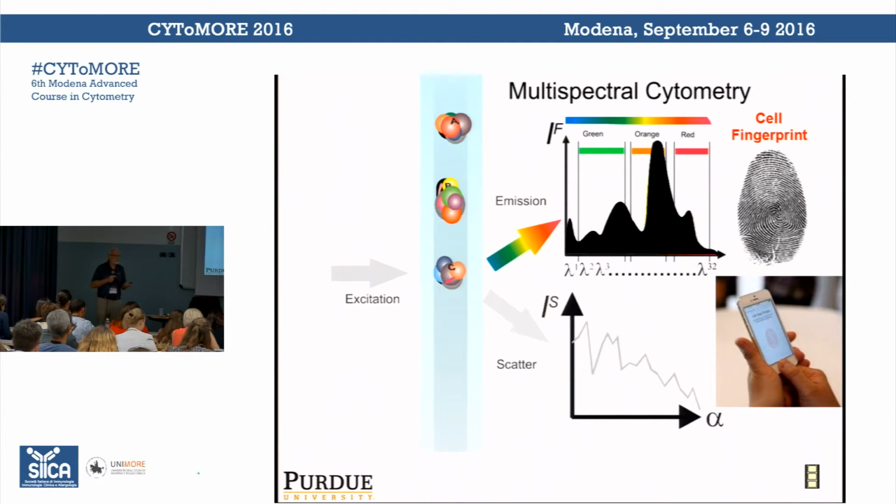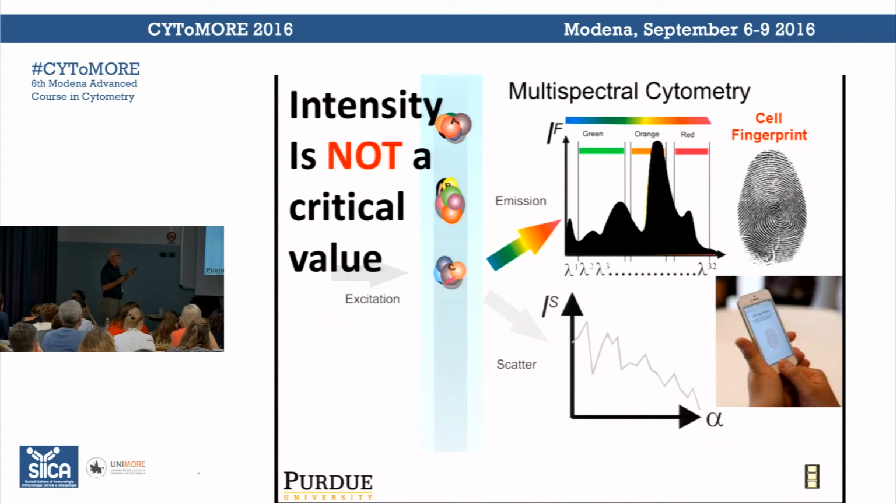It's recognizing your fingerprint as you. That's pretty clever, but it's well-known technology. And so now we can make this a fingerprint. What is important here is that intensity is not a critical parameter. That's quite different from polychromatic flow cytometry. If you have no intensity in a signal, you can't measure it.